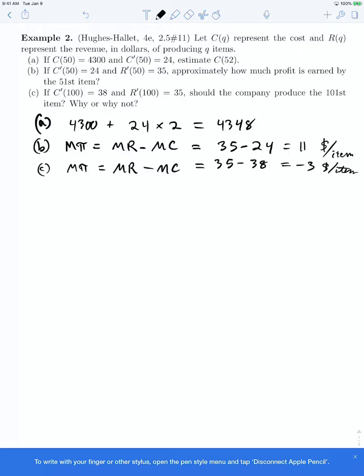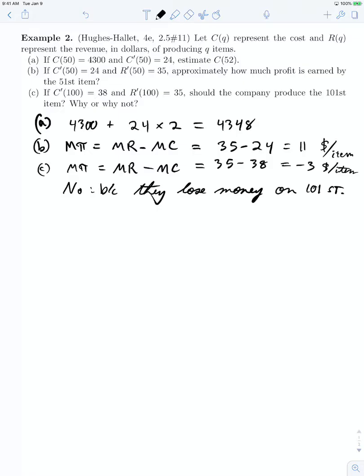They go to the 101st item. So probably they should not. So no, because they lose money. And that's on the 101st item. They might have made money up until that point, but they lose money at that point.